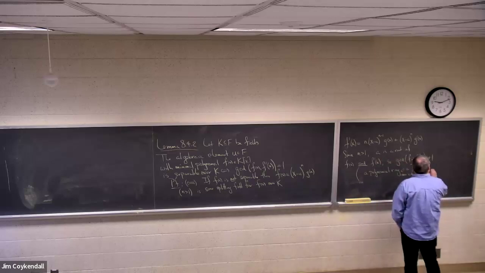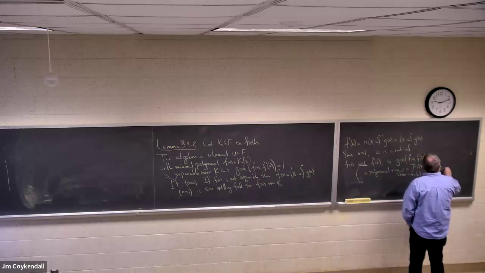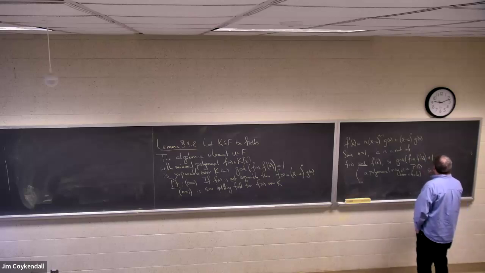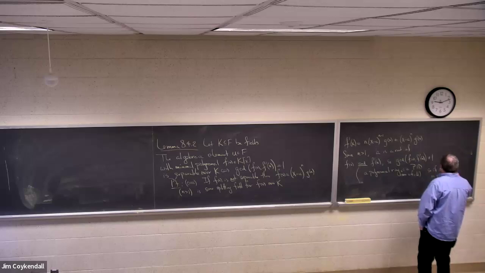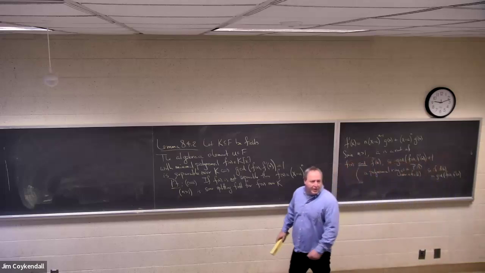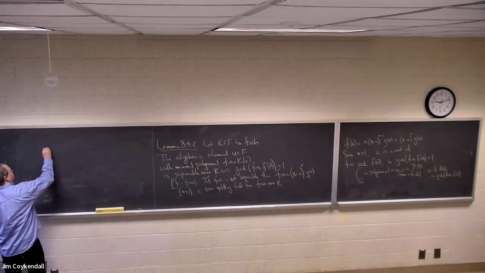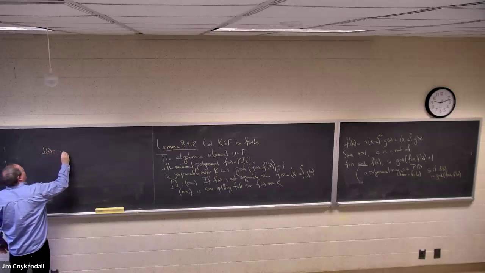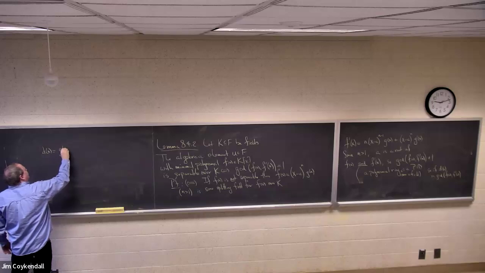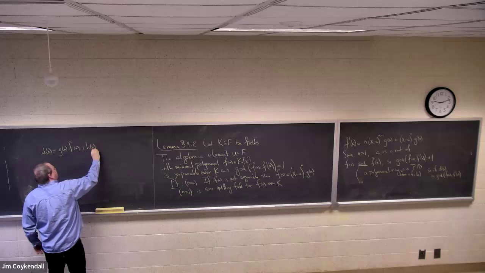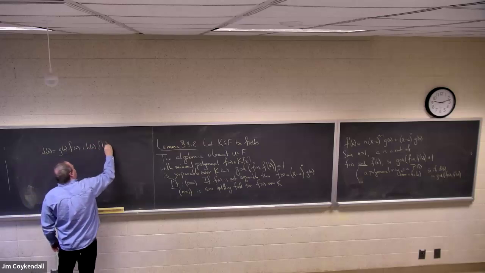So if d(x) is the GCD of f(x) and f prime of x, then d(x) can be expressed as a linear combination g(x)f(x) plus h(x)f prime(x).